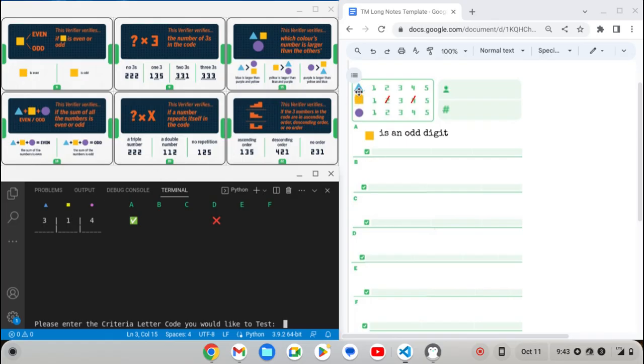So let's go ahead and type that up in our notes. And that's in D. So we'll say that triangle plus square plus circle should be odd.